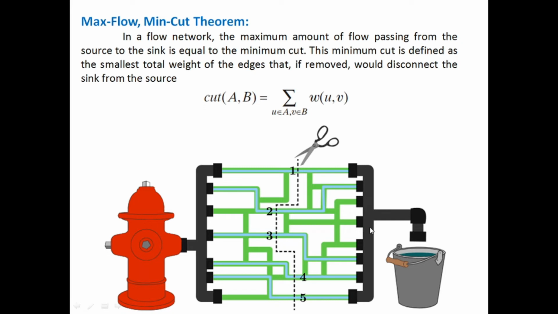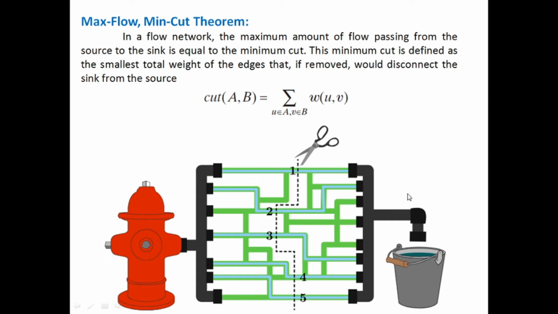So this theorem states that in a flow network, the maximum amount of flow passing from source to sink is equal to the minimum cut. This minimum cut is given by this expression, that is cut of A comma B equal to W of U comma V. So U belongs to this region, that means it is some node, and V belongs to some node in this group, right?